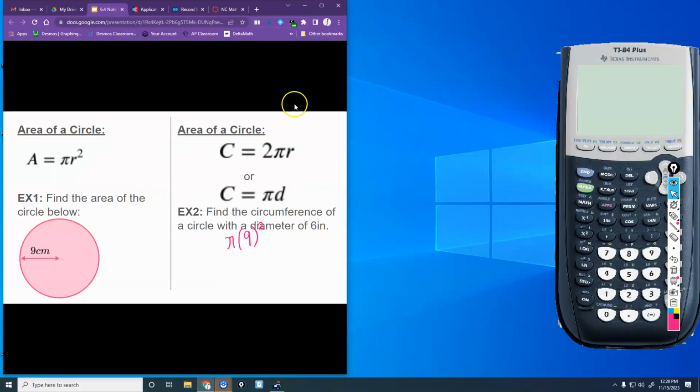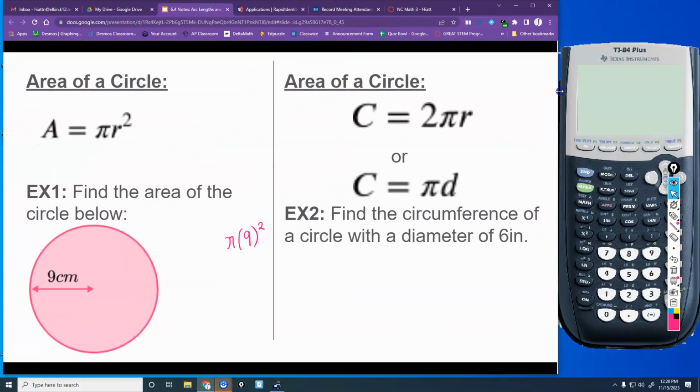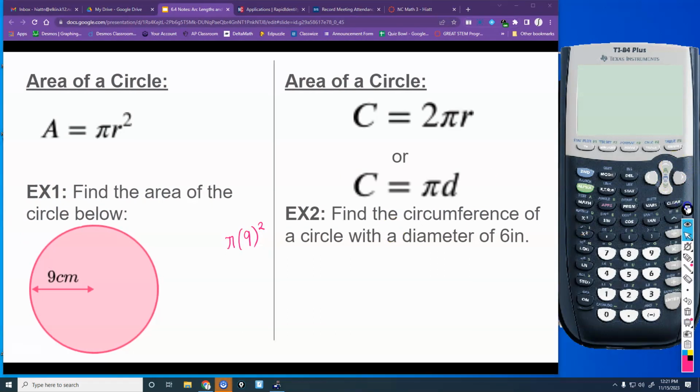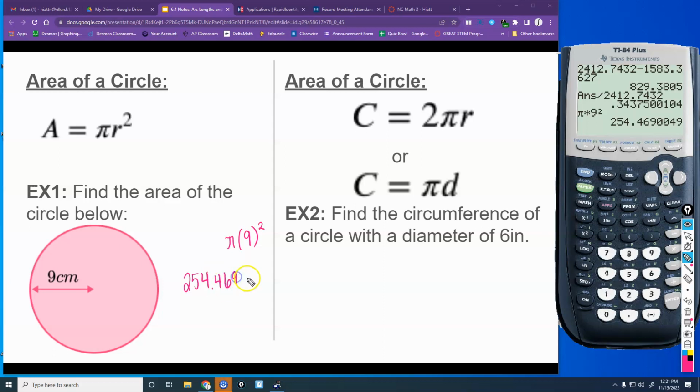Pi times 9 squared is going to give us 254.469 centimeters squared.